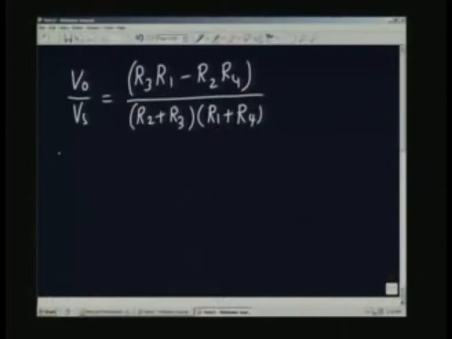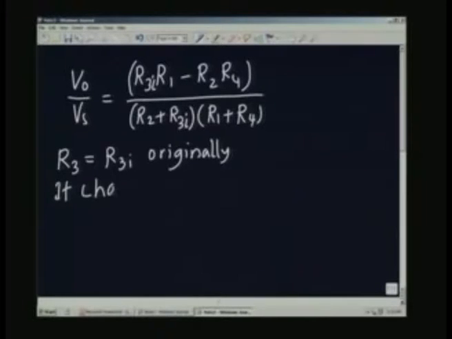So, R3, which is R3I originally, changes by a small amount to R3I plus dR3.